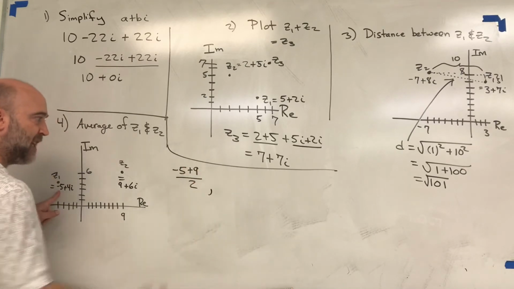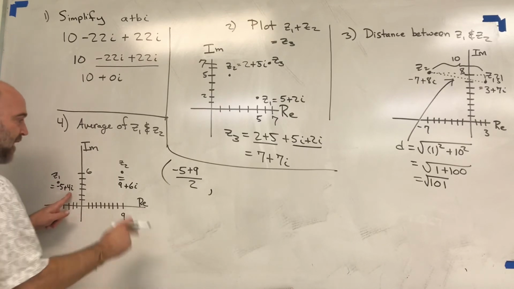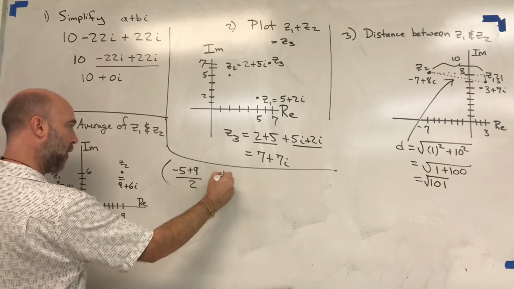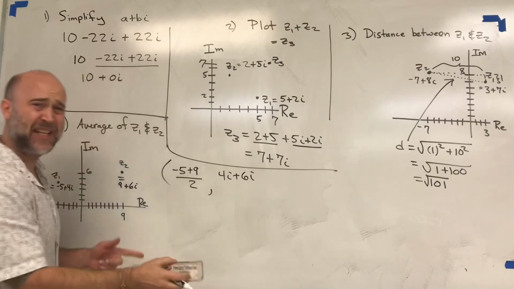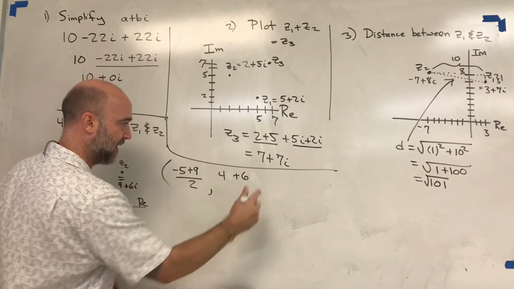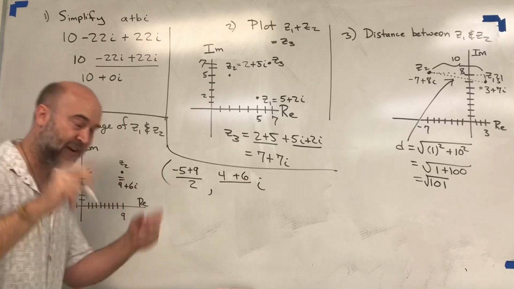And this is a point in space, so I'm just going to look at it as a point right now. That's a little bit easier. Then we got the average of the other two. We got a 4i plus 6i. I'm going to go ahead and get those i's out of the way. It's just going to cause issues later, and just make that an i on the side. It's like factoring out an i.